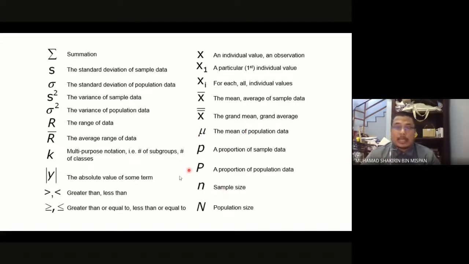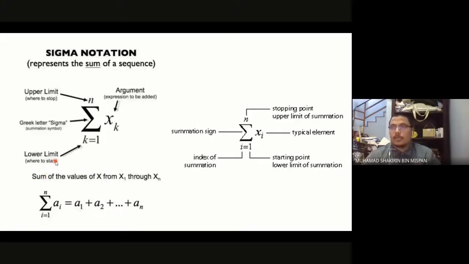So get familiarized with these notations. Don't worry about trying to memorize them. This is ongoing, and you will learn from doing your exercises. It will come naturally. Don't worry about it.